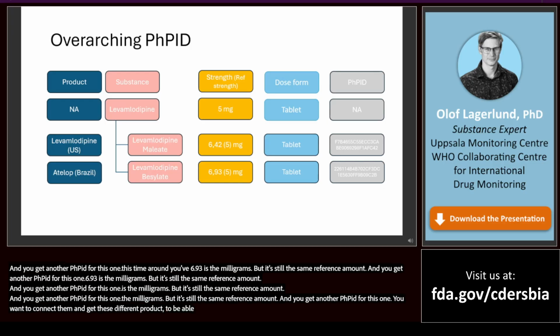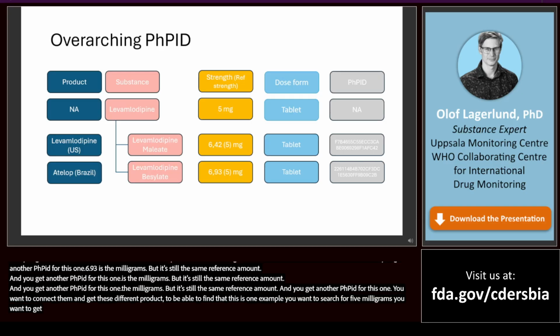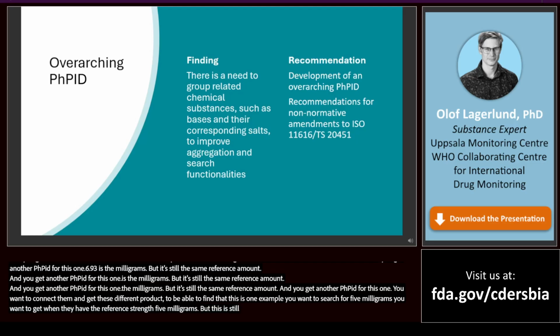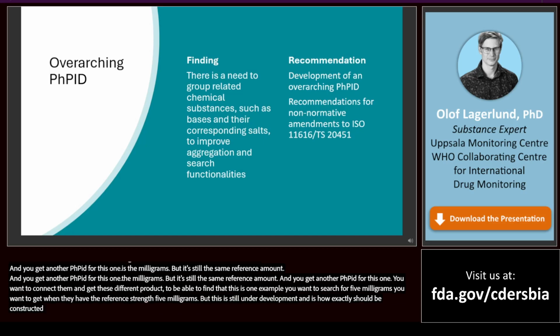Now, this is just one example. You can imagine you want to search for levamlodipine 5 milligram, and then you want to get these salts when they have the reference strength 5 milligrams. But this is still under development, and how exactly it should be constructed will be for us to figure out with the help of the people that will use it, of course, and see what's useful.